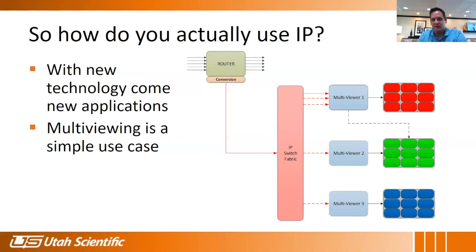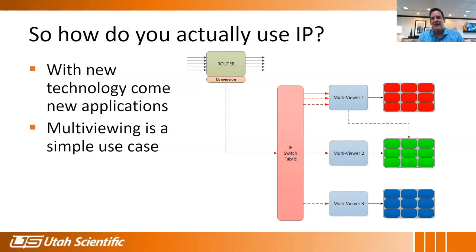We have what's called the Utah Scientific IP starter pack. There are 3 parts to this: something to give you IP video, 2022 IP video, a 10 gig switch, and a multi-viewer. As far as what gives you the 2022 video, if you're a current Series 2 customer, that can be a card that you just slide right into your Series 2 router.